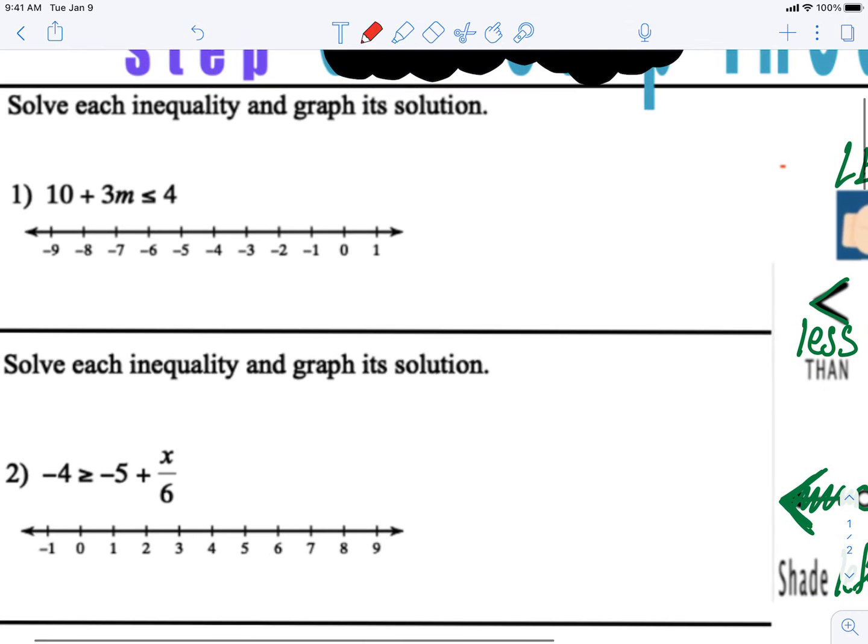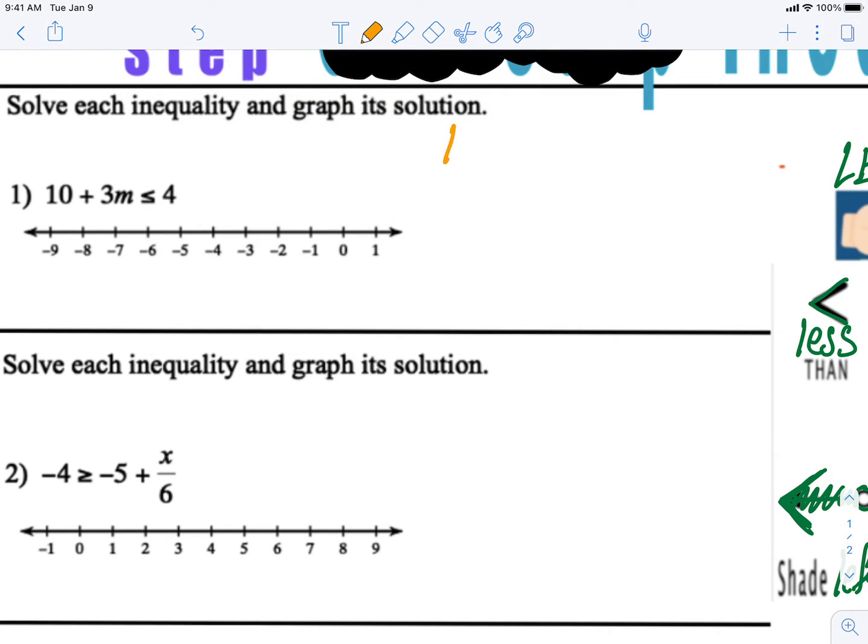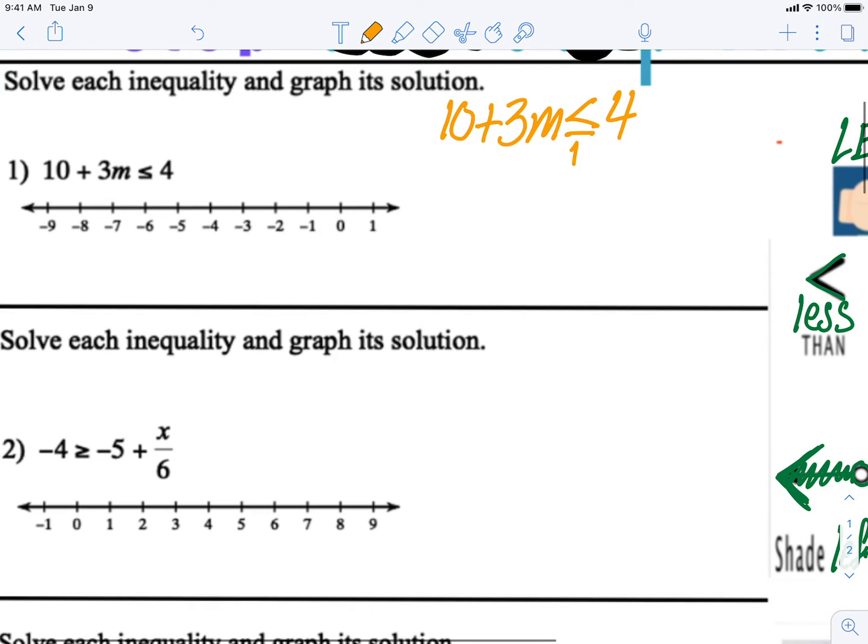So I am going to rewrite my inequality here. 10 plus 3m is less than or equal to 4. So I'm going to draw my line of separation. I'm not going to do my arrow yet because I'm not sure whether I have to flip it or not, right?